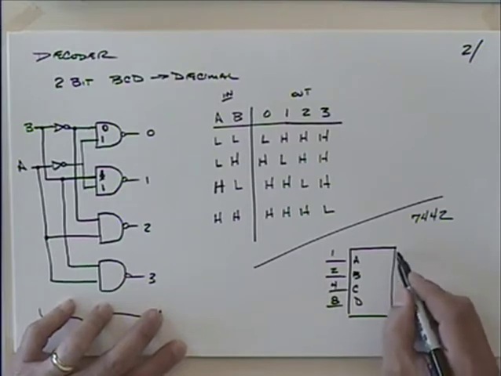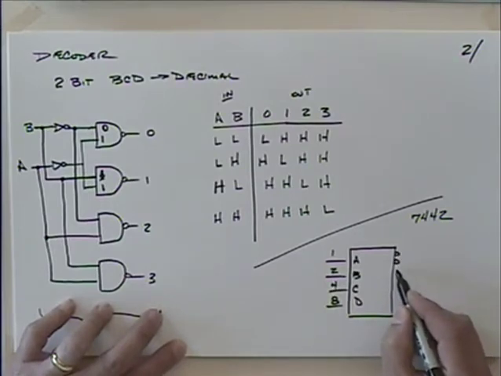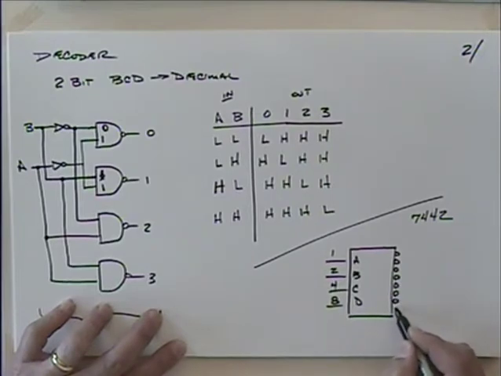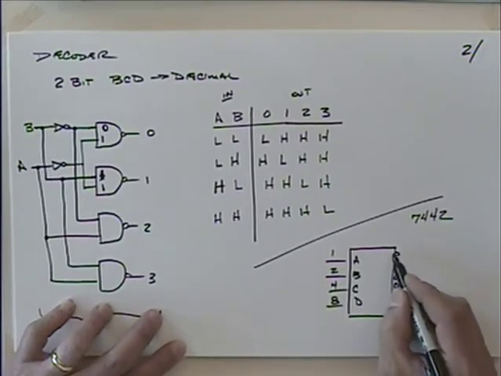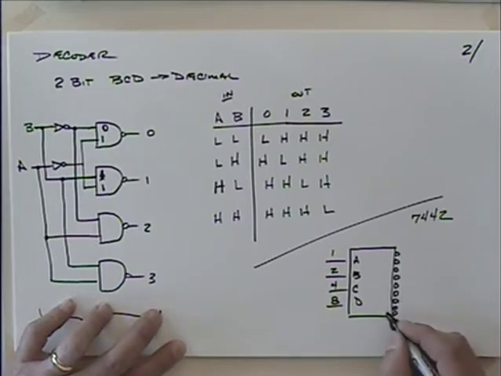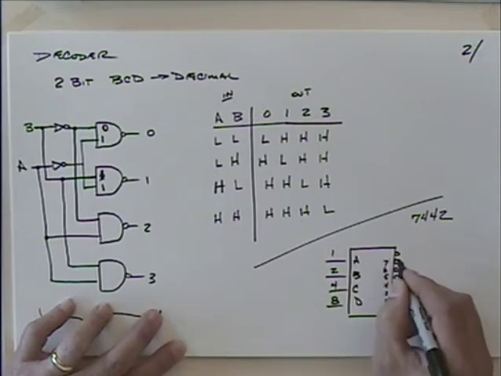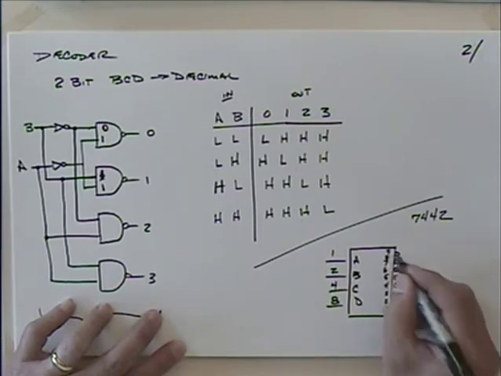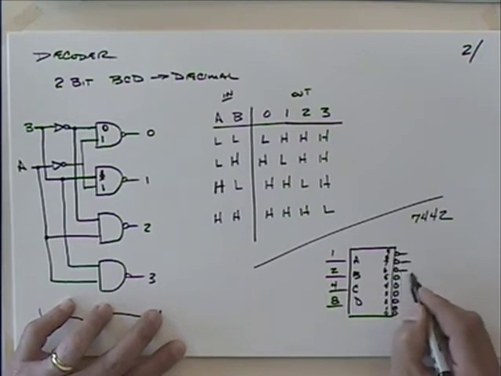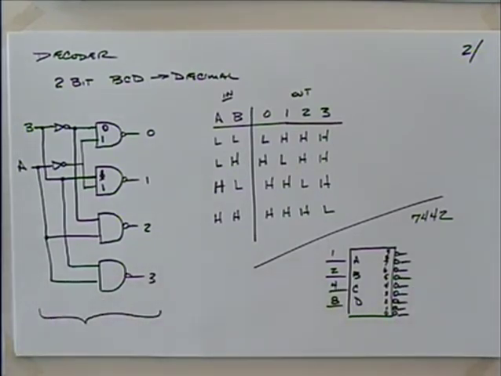And then you'll output, this particular one is, you're going to have 0. Something like that. It'll activate with a low.